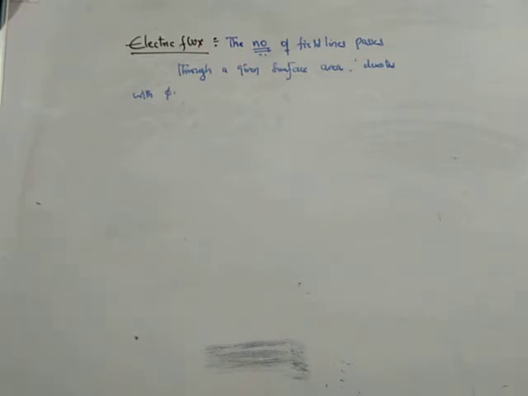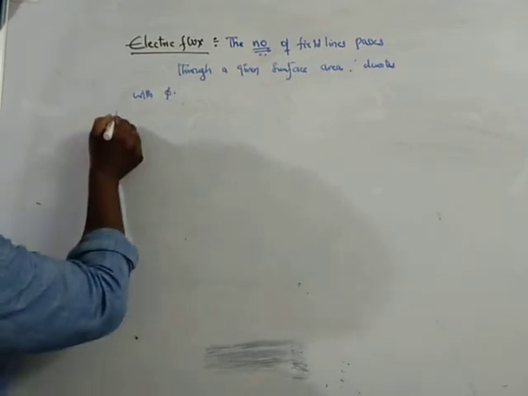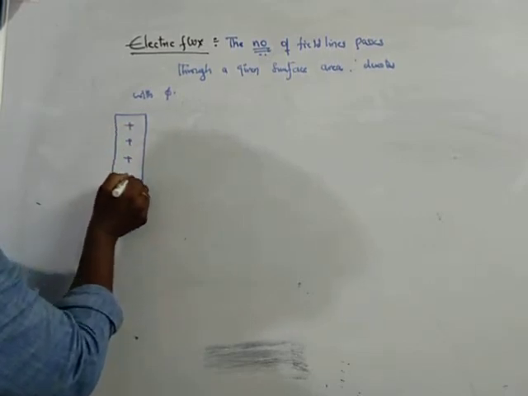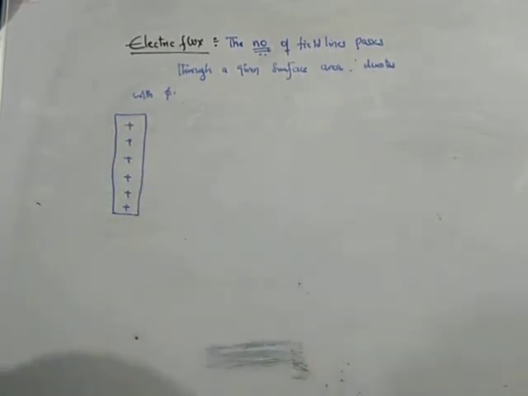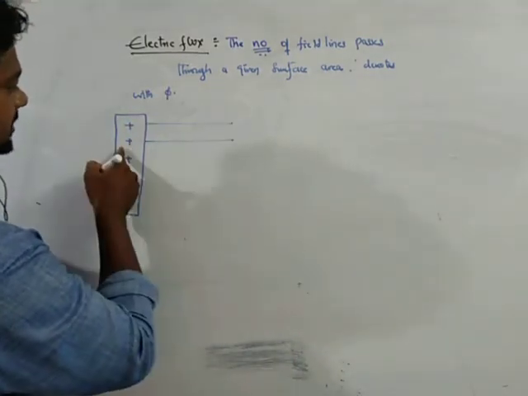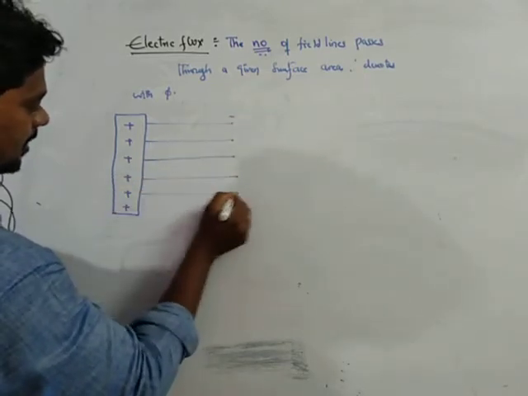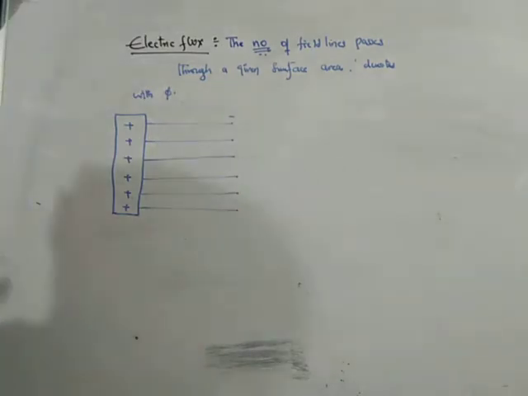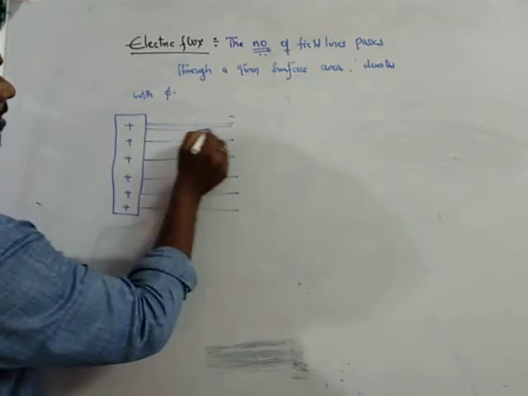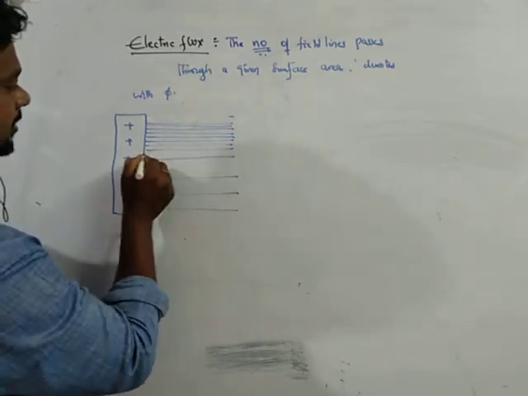Generally, to define the flux, initially we will consider one source charge. We have a positive charge. We consider uniform field lines. Here we have a positive charge, so all the lines are moving outward. It starts from positive and ends at negative. All are equidistant. So we represented only the field lines.